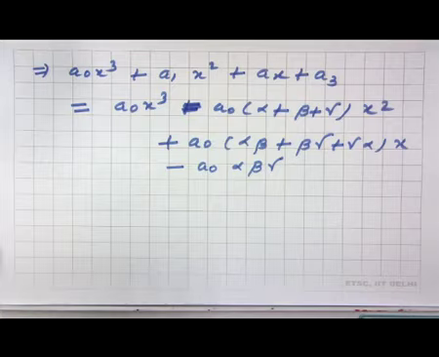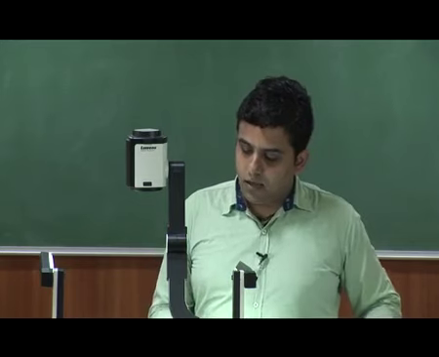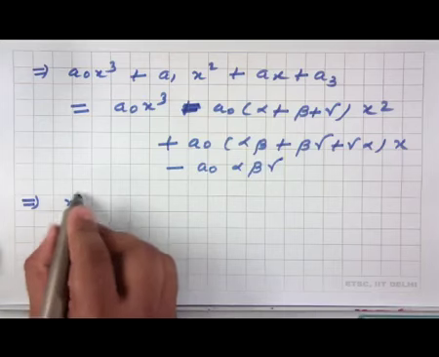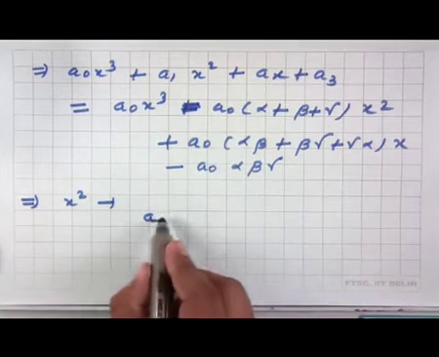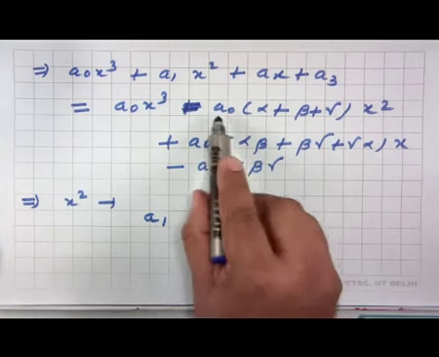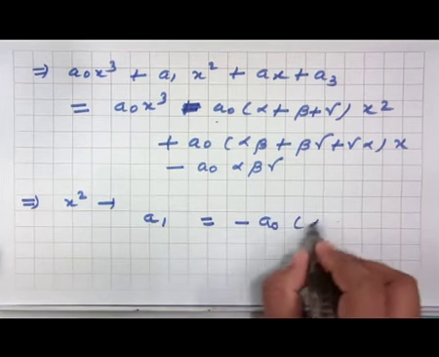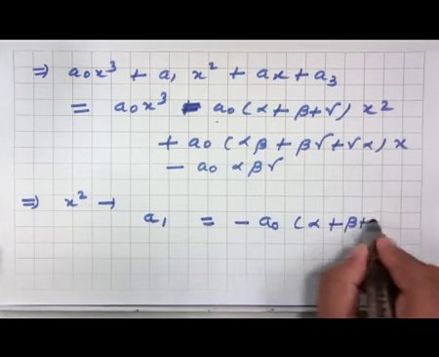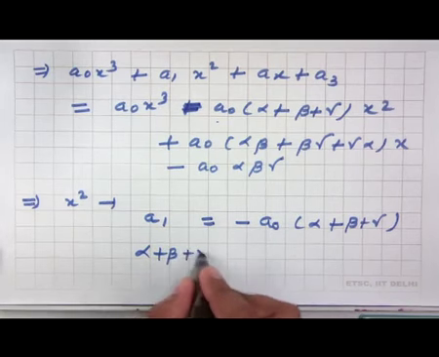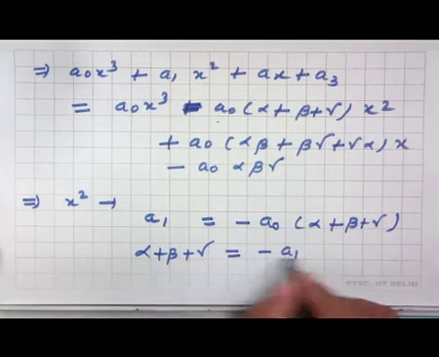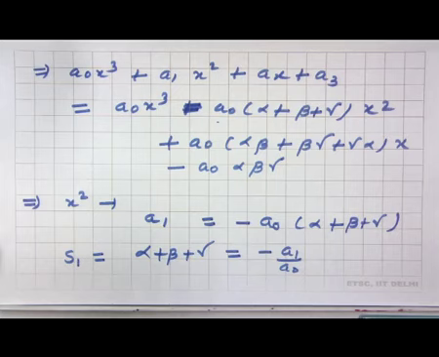Now we will compare the coefficients of LHS and RHS. First of all, the coefficient of x². In LHS it is a1, and in RHS it is −a0 (alpha + beta + gamma). So alpha + beta + gamma is −a1 upon a0. We write this as S1, the sum of roots.